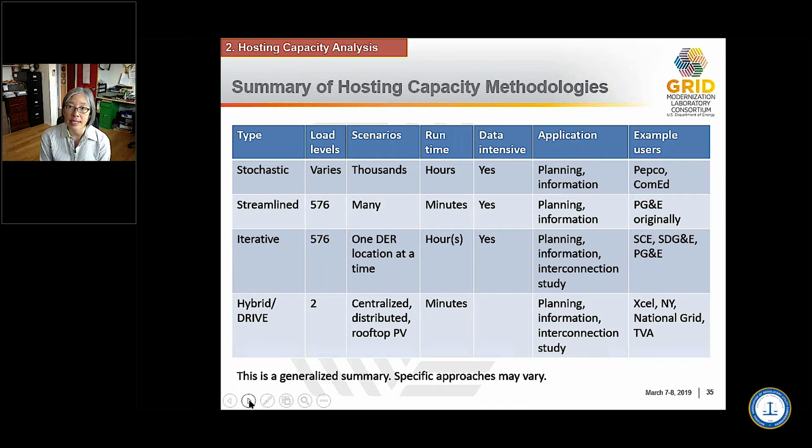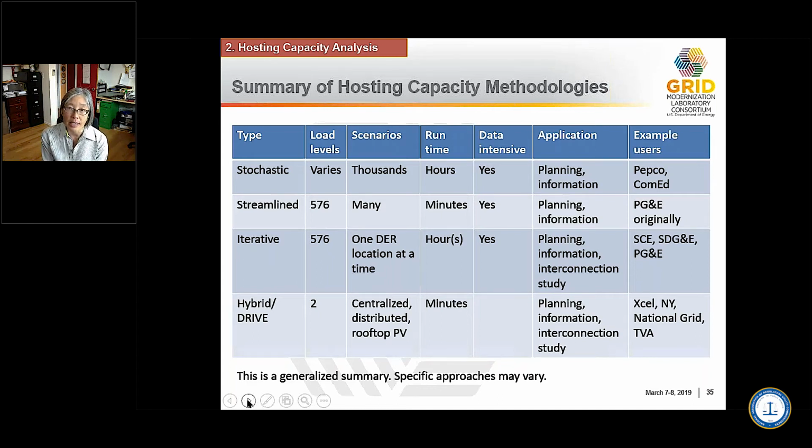The iterative method, this is what the 3 IOUs in California are now using. This simulates sort of what an interconnection study does. You use your traditional distribution load flow modeling tools. You know, you add to one node increasing steps of the DER and look for violations.